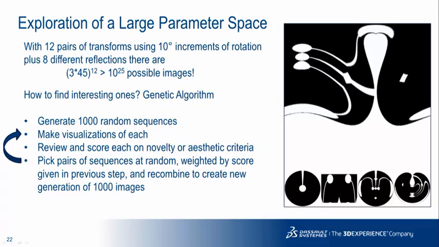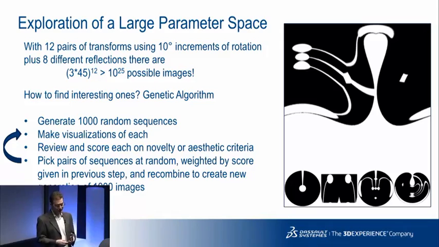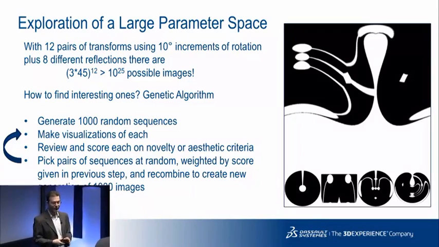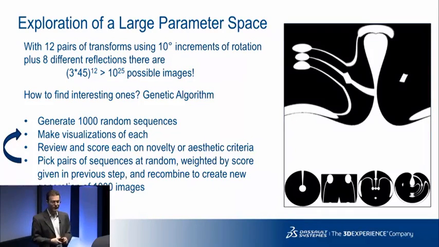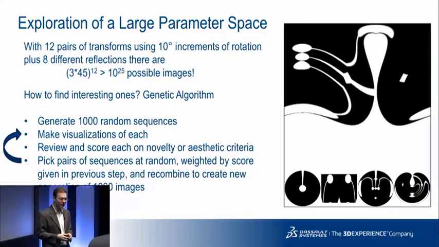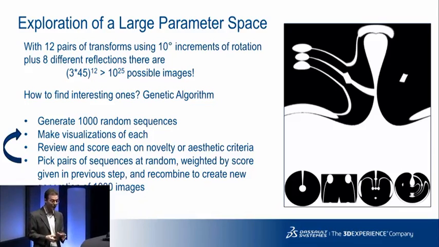And so obviously we need to look at a subset. How do we find the interesting images? How do we find the ones that are different from each other? There's a lot of possibilities. You could think about clustering the vectors or doing something like that. There's lots of work in chemistry on how you cover a very high dimensional space to sample it well. But the take-home message from all that work typically is you can't.